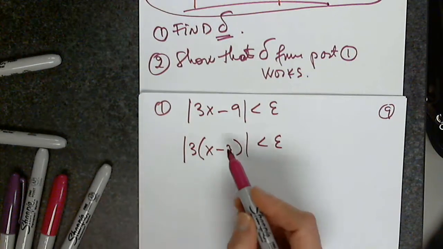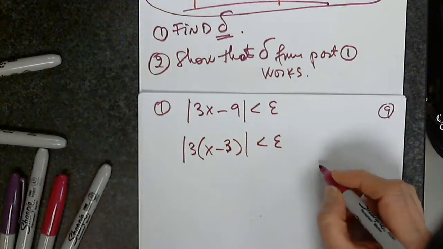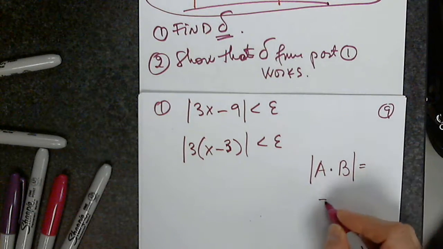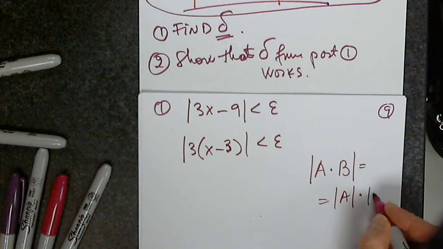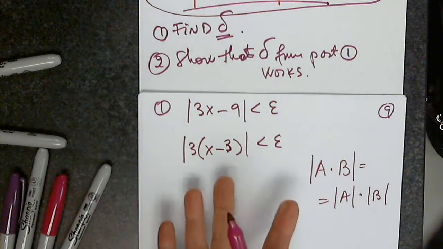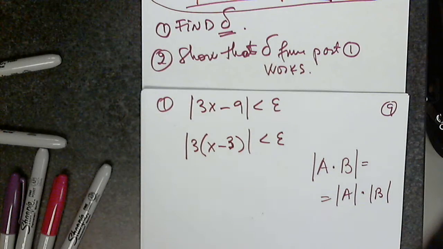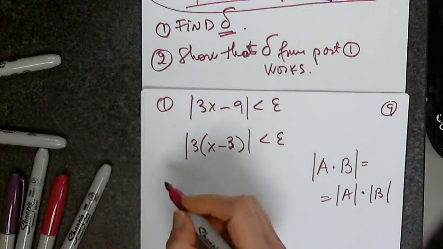There is a property of the absolute value that allows us to separate it: the absolute value of A times B is the same as the absolute value of A multiplied by the absolute value of B. I cannot move 3 outside without stating this property. I'm not allowed to. The absolute value is not a grouping symbol.